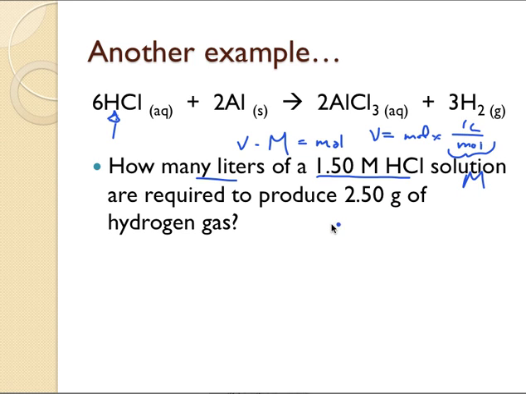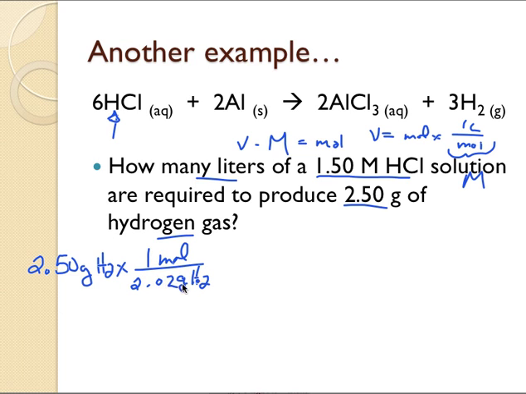All right, so I'm given 2.5 grams of hydrogen gas. Can I take those grams to moles? Oh, sure. So let's work it through. 2.50 grams of hydrogen gas times grams of hydrogen in 1 mole, remembering that that's a diatomic, 2.02, that's moles of hydrogen.